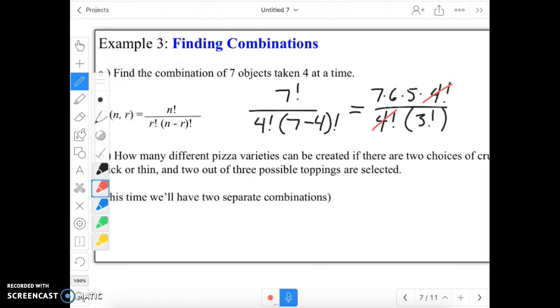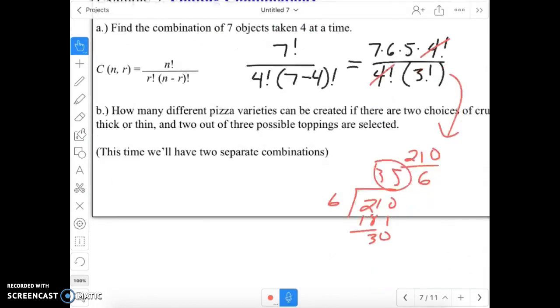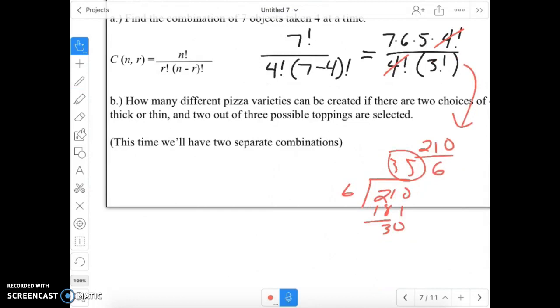Divided by 3 times 2 times 1 would give us 6. And then let's do some long division here. That'd be 3, 18, 3, drop down that, and we get a 5. So 35 different combinations. So remember, combinations is where order is not important.